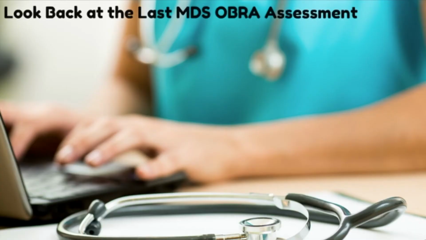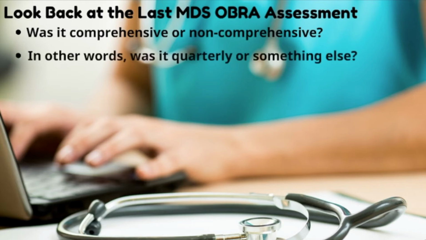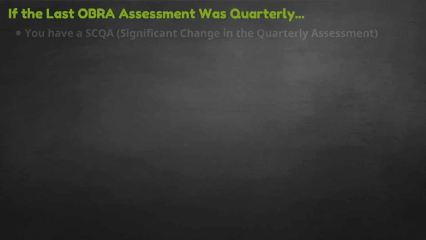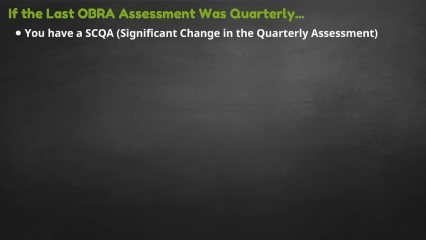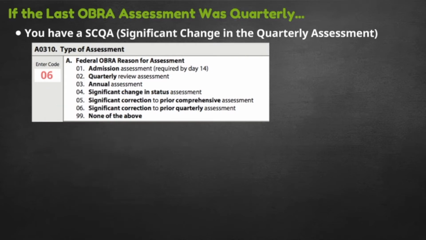In such a case, you have to look back at the last MDS OBRA assessment. Was it a comprehensive or a non-comprehensive? In other words, was it a quarterly or something else? If the last OBRA assessment was a quarterly, you have an SCQA, significant change in the quarterly assessment, A0310A equals 0.6.